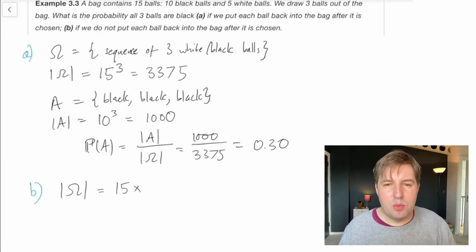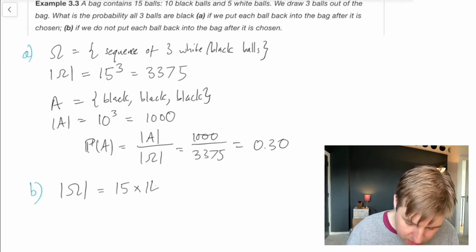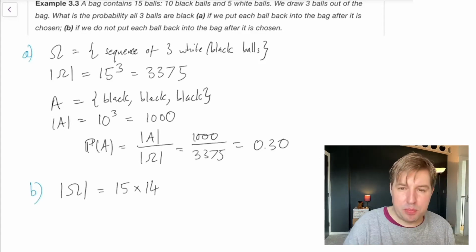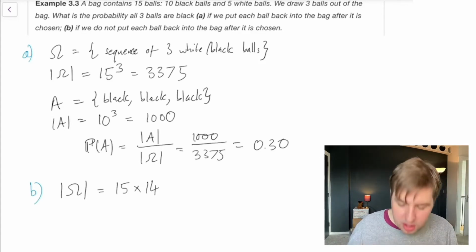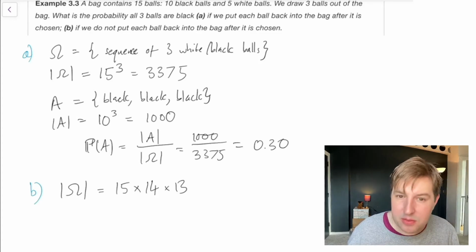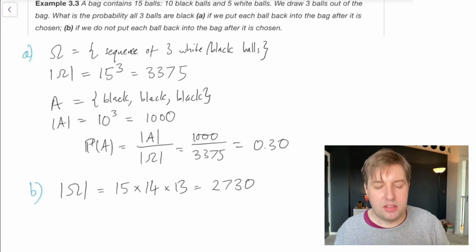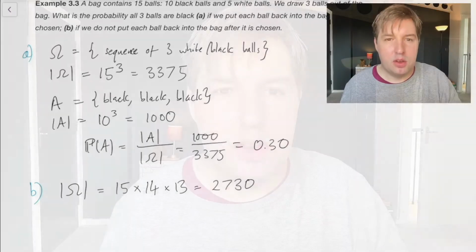But then, once that ball's been taken out, there are only 14 choices left for the next ball. And once that ball's been taken out, there's only 13 choices left for the final ball. So we get 15 times 14 times 13, which is the smaller number, 2,730.